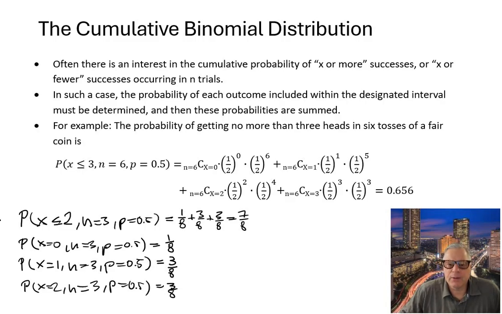Now we would basically sum up the probability that you have 0 heads, 1 head, 2, and again 3. And the probability would be 0.656.